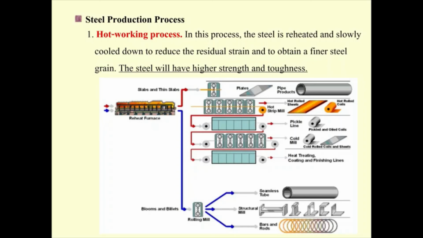In the hot working process, the steel from the previous slide comes to the reheat furnace, and then goes through some manufacturing process to make it into a pipe or a similar shape. It depends on what process you have. Some produce structural shapes and some produce bars and rods.